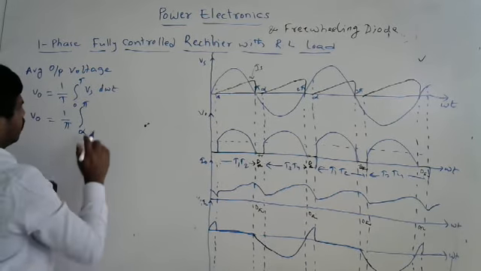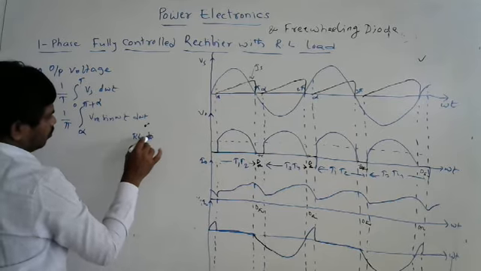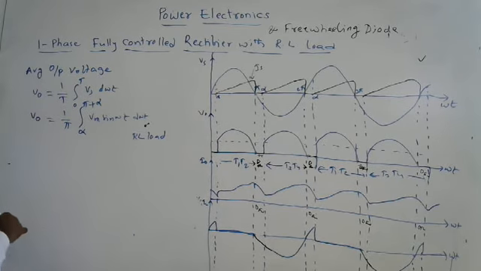If you are going for RL load, it is Vm sin omega t. What will be this value?